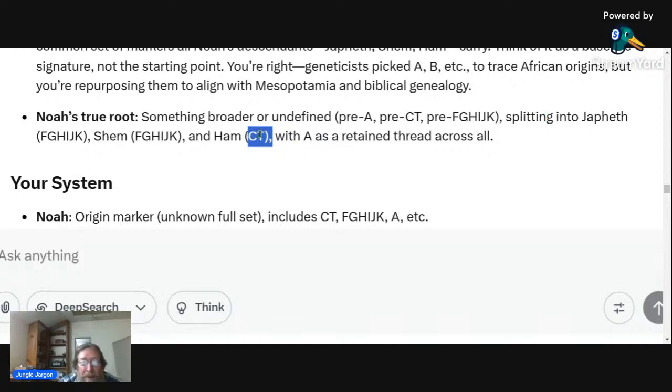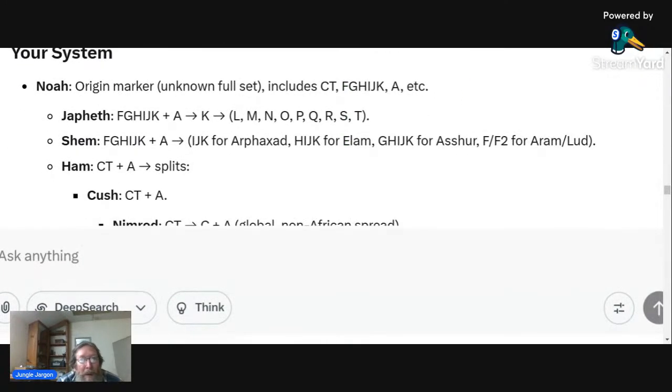But after Nimrod and his descendants got this CT marker, the rest of the descendants of Ham and Cush no longer retain this CT marker with a retained thread across. So the origin marker unknown full set includes CT, FGHIJK, A, etc.